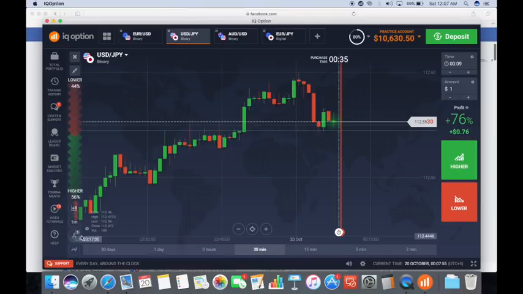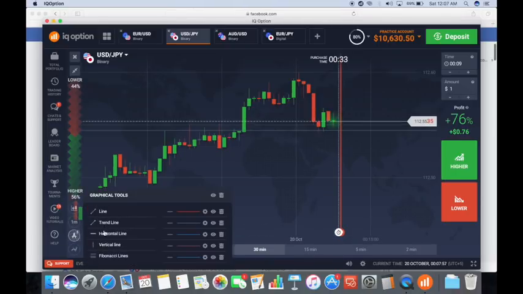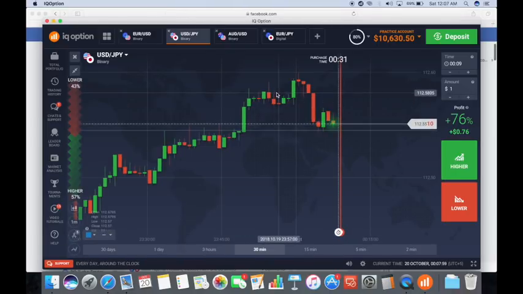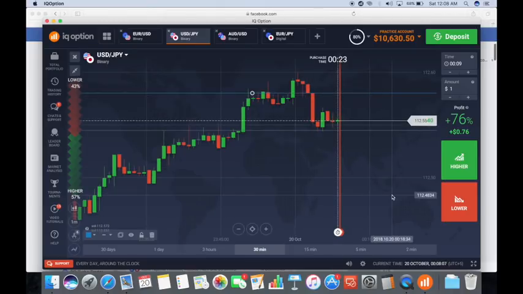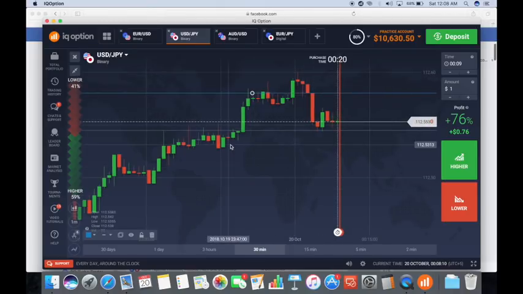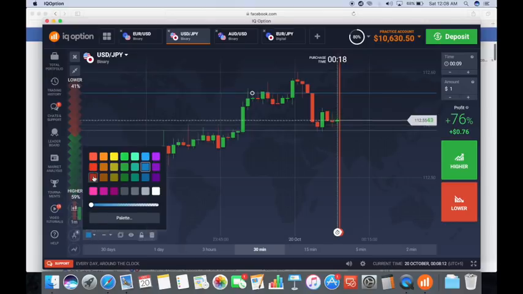Well, let's mark till it reaches its demand zone. Let's mark the strong supply area. There it is. So if it reaches there, I will try to look for a weakness, and I will short.